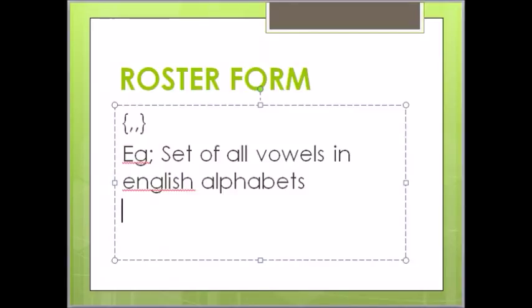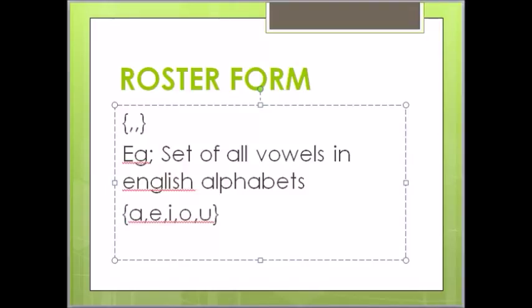It will be like this, in a pair of curly braces: A, E, I, O and U. I hope you understand this. This is not L, this is I. So all the elements are separated using commas and the whole set is represented within a pair of braces.